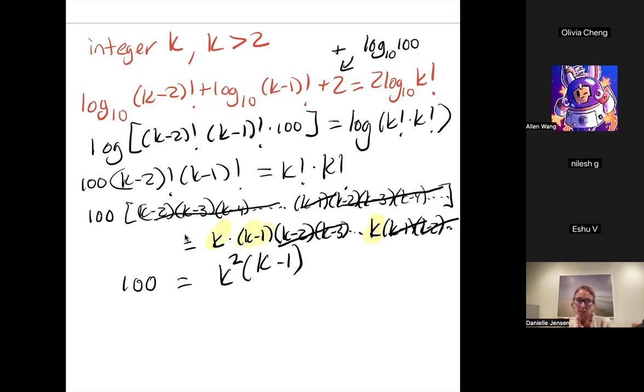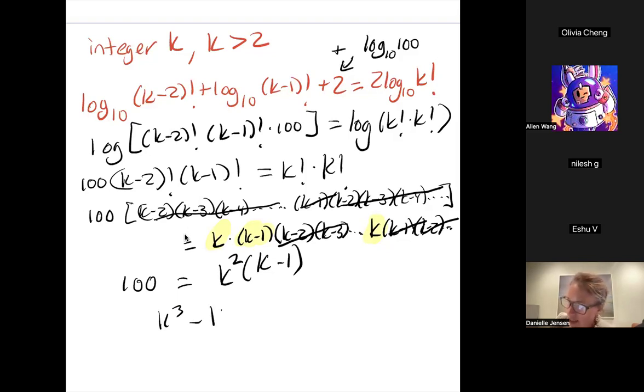Okay, so now, to be honest, the next thing I did is I knew k had to be greater than 2. So I just started to, from there, guess and check integers. Because I knew it wasn't going to be that big, so I knew I wasn't guessing and checking for a long time.